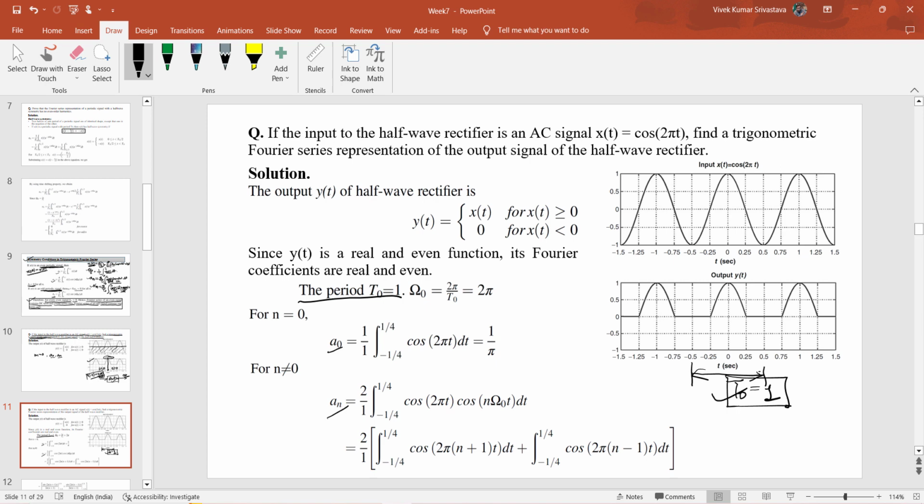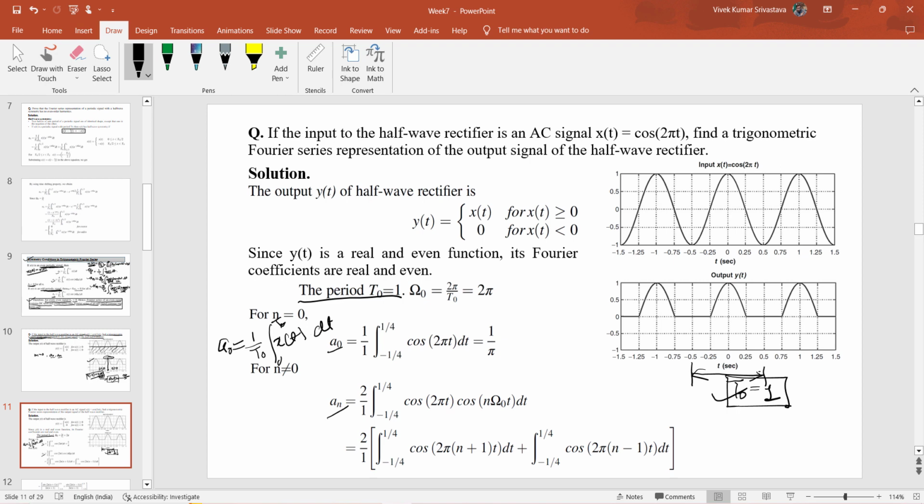A naught, as we know, is represented as 1 over T naught integral 0 to T naught x of t dt. Now we can put the value of T naught as 1 here, so this will be 1 by 1.